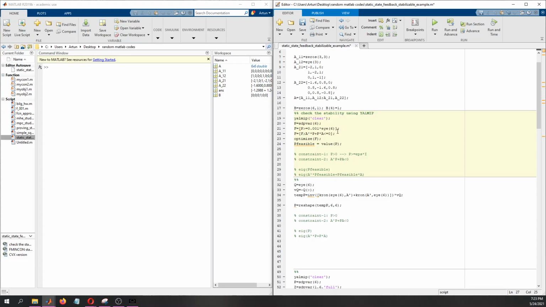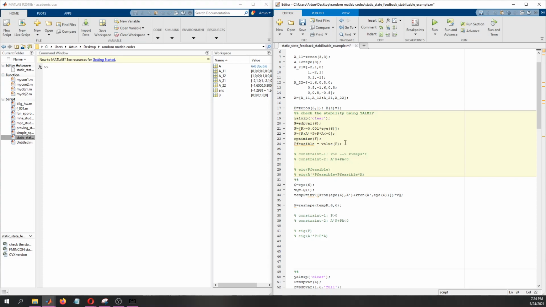Here we just append this constraint to F, which is the constraint object. We use these constraints and optimize over them and find a feasible P matrix.